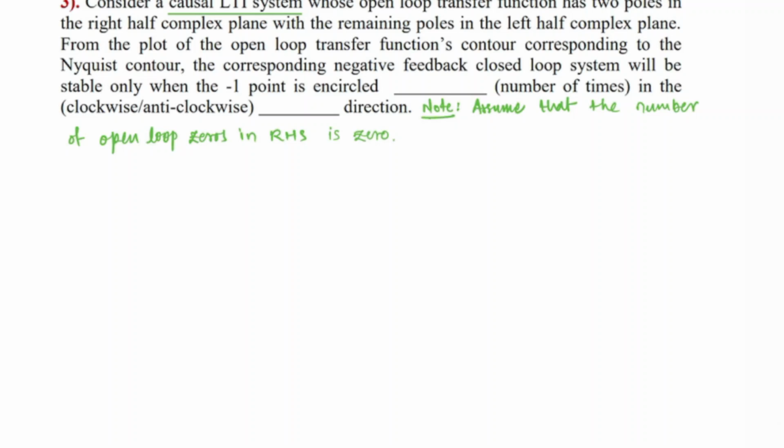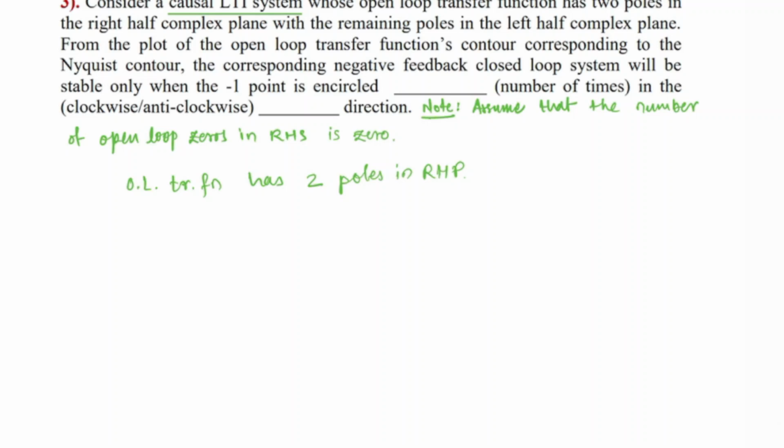So whose open loop transfer function has two poles in RHP. From the plot of open loop transfer function's contour corresponding to the Nyquist contour, the corresponding negative feedback closed loop system will be stable only when the minus 1 point is encircled how many times and in what direction.